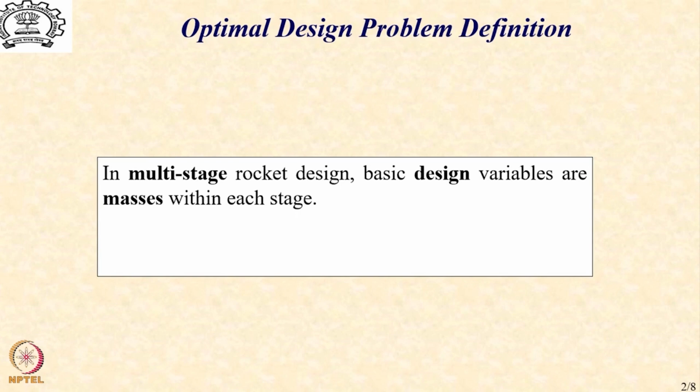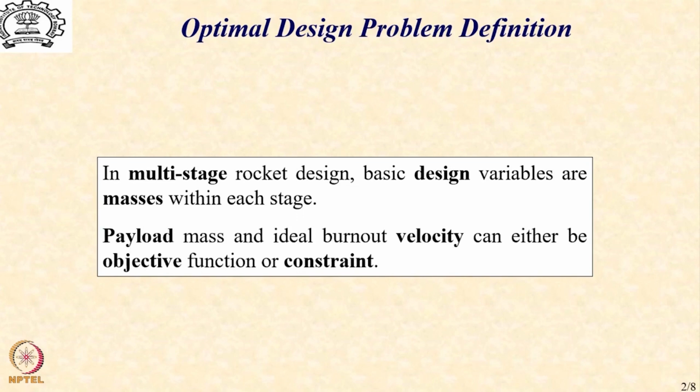As we have already seen, in multi-stage rocket design, basic design variables are masses within each stage. Further, we have also noted that there are two requirements from mission perspective, that is the payload mass and the ideal burnout velocity.